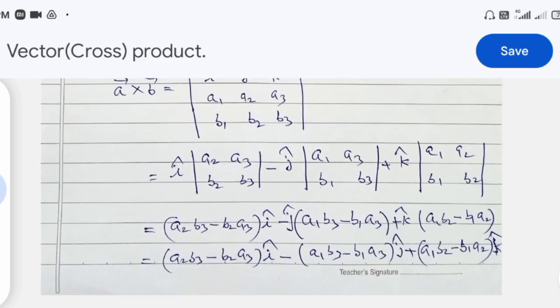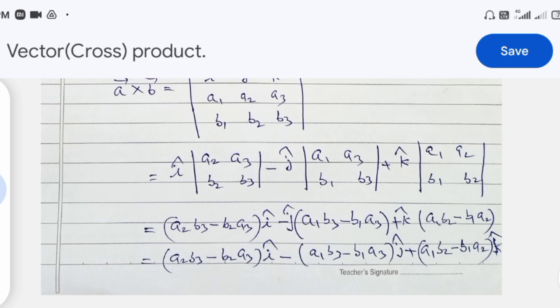Now, (A2 B3 minus B2 A3) into i minus j (A1 B3 minus B1 A3) plus k (A1 B2 minus B1 A2).